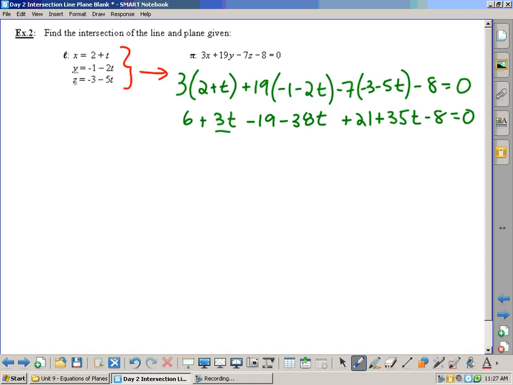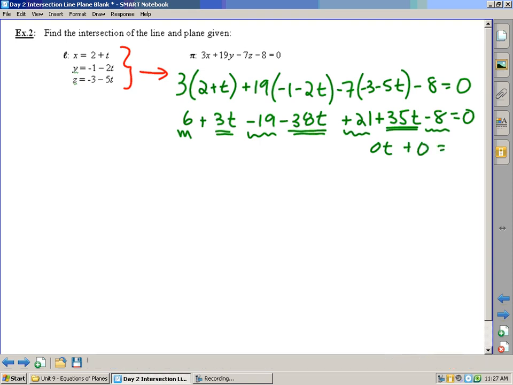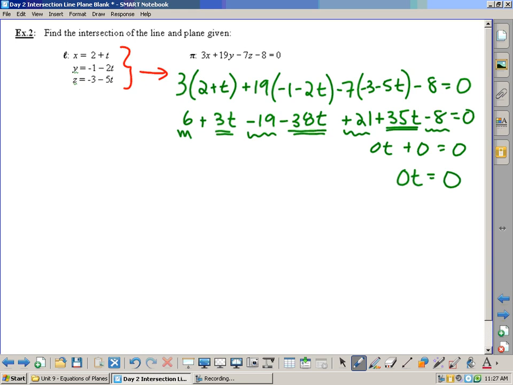Okay, so we got 3t minus 38t is minus 35t, plus 35t is 0t. And then we get 6 minus 19 is minus 13. Minus 8 is minus 21. Plus 21 is 0. So we'll end up with 0t equals 0.